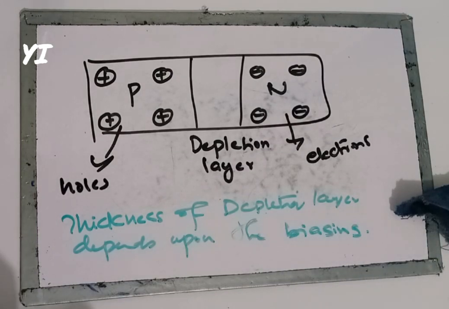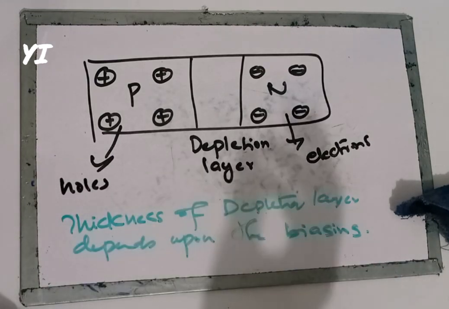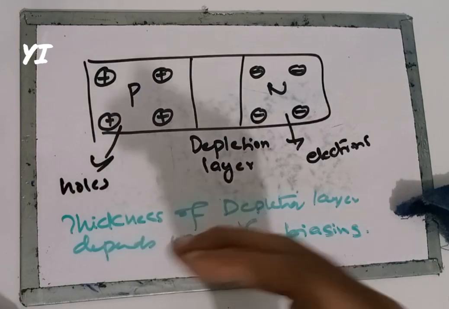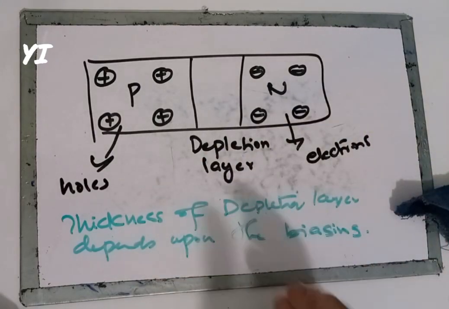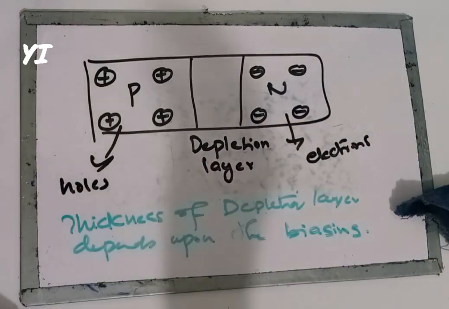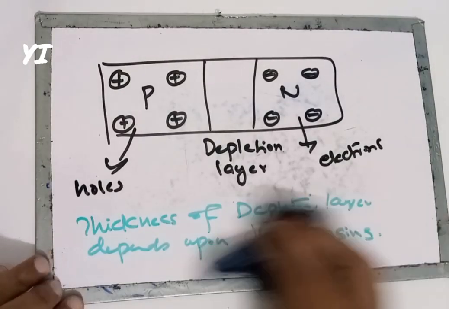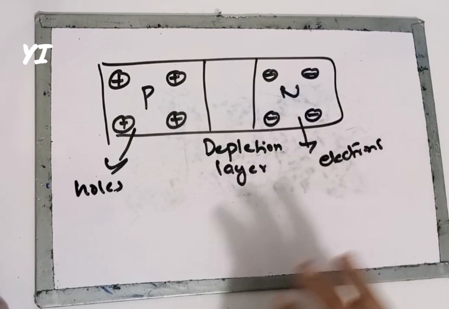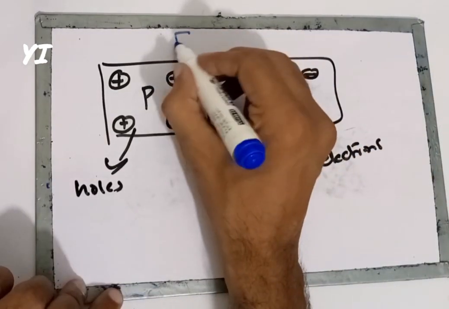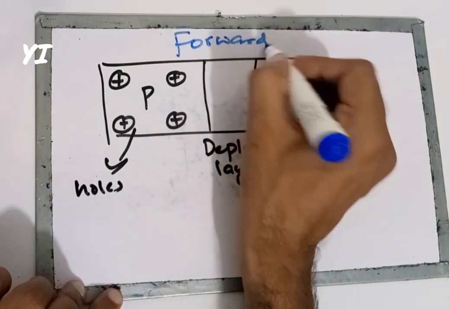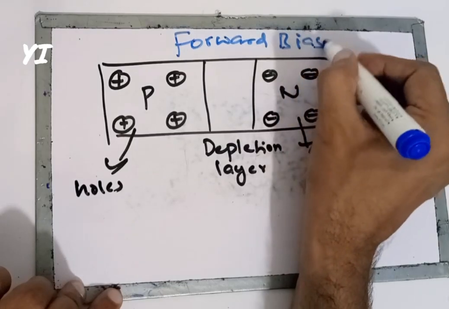If it is forward bias, so the depletion layer will be thin. If it is reverse bias, so depletion layer will be thick. We'll see that how the things are working in the diode. So let us consider this diode is forward biased. So we'll write that let us consider the forward biasing of diode.